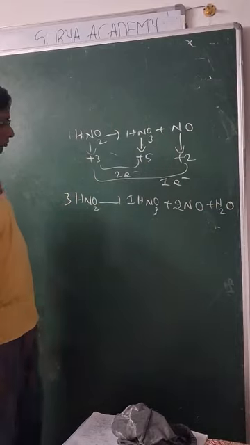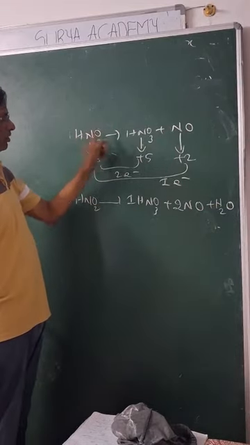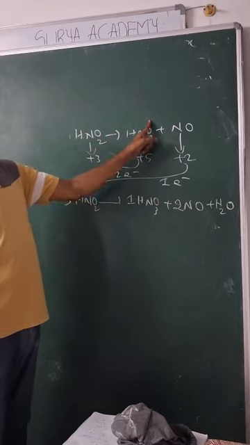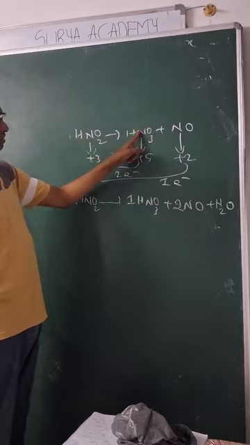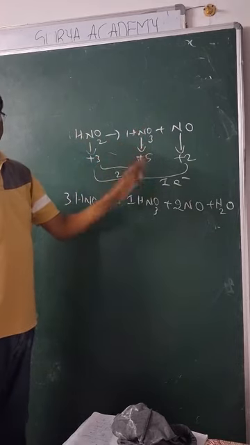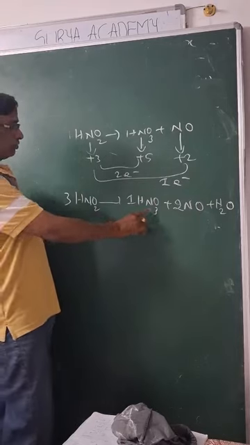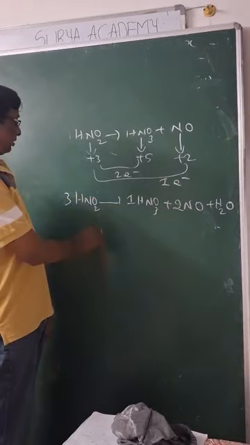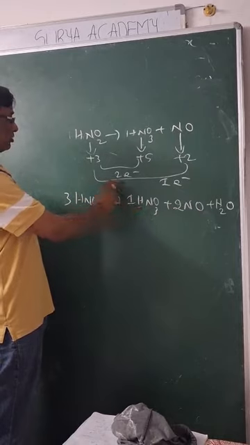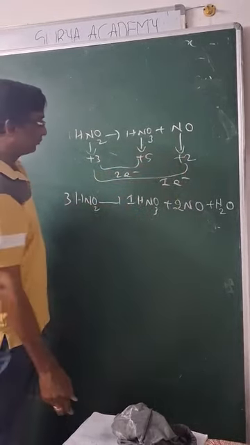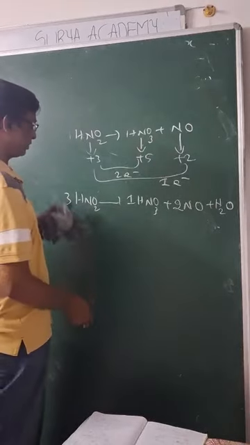Both are acids, so there is no need to mention acidic medium; it is simply acidic medium. HNO2 disproportionates to HNO3 and NO. Plus 3 to plus 5 oxidized, plus 3 to plus 2 reduced. Disproportionation reaction.